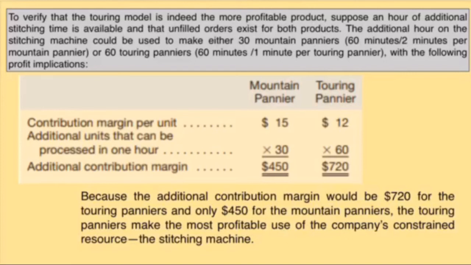Because the additional contribution margin would be $720 for the touring panniers and only $450 for the mountain panniers, the touring panniers make the most profitable use of the company's constrained resource, the stitching machine.